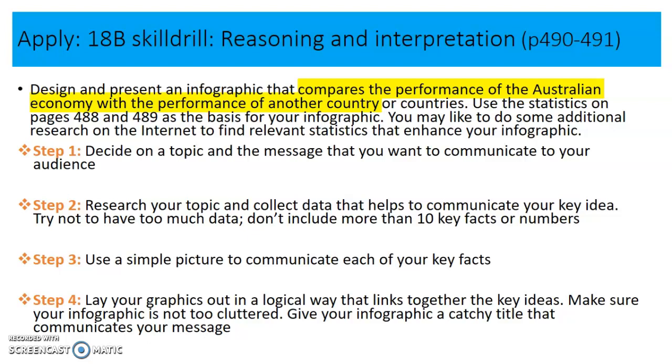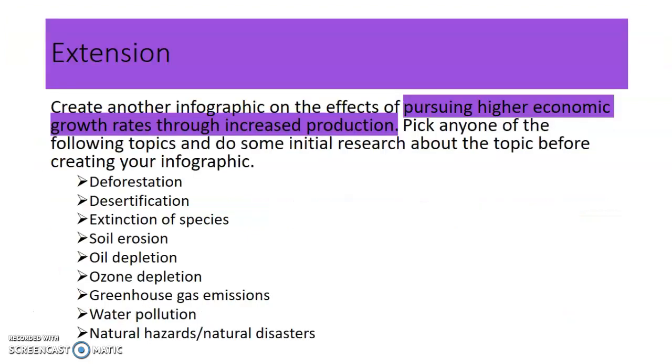Now if you finish this task in time, this is something you can work on. Create another infographic on the effects of pursuing higher economic growth rates and increased production. Now this is just an idea of a topic. There is also a list of topics that you can pick, but you will need to do a bit of research on these topics and find out what you need to display.